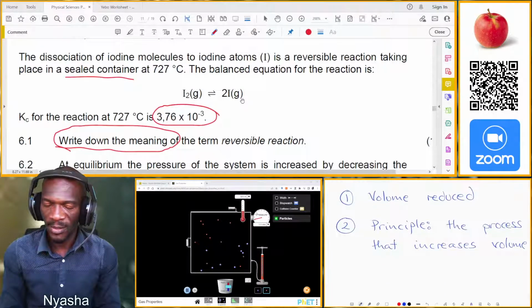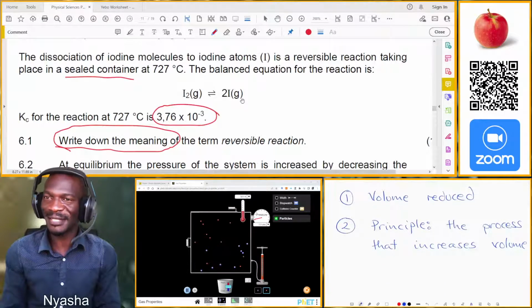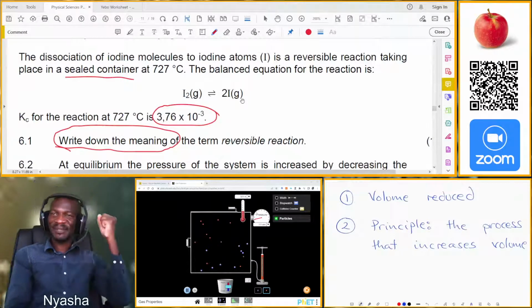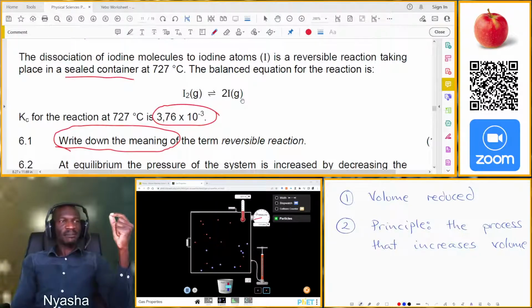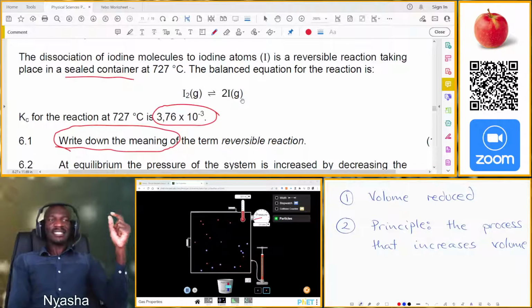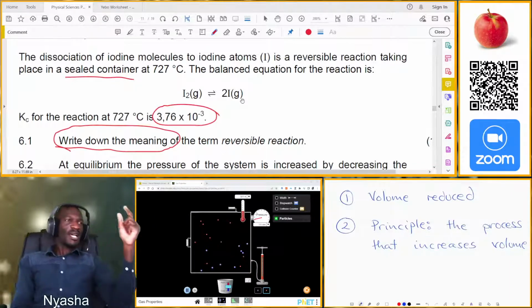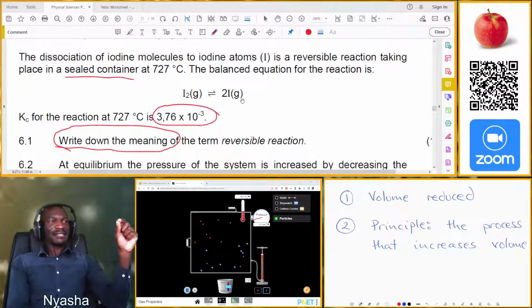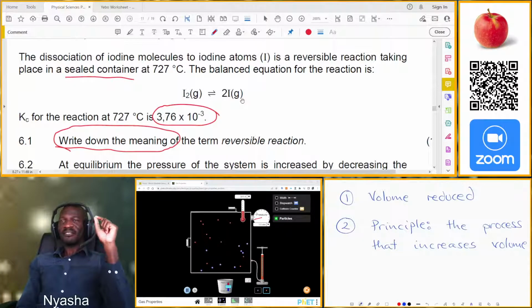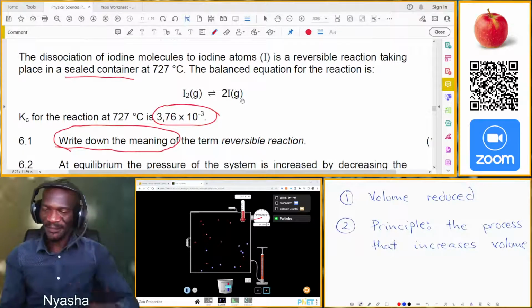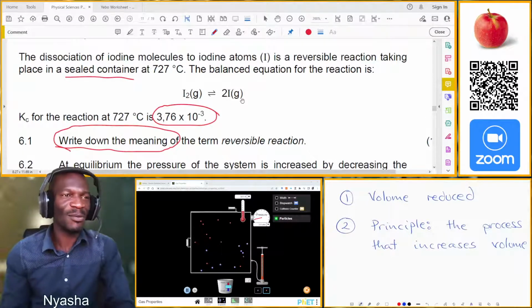So here we have an increase in pressure. We want something that will decrease the pressure, right? Which means the reaction that is leading to the smaller amount of gas, which has fewer molecules, is the one which must be favored.